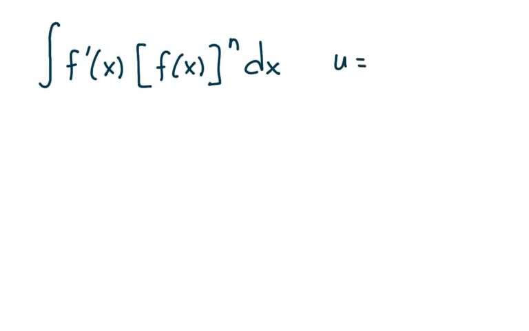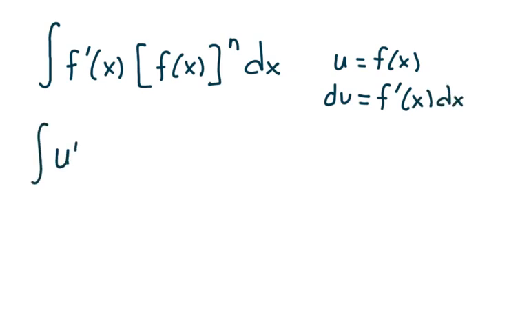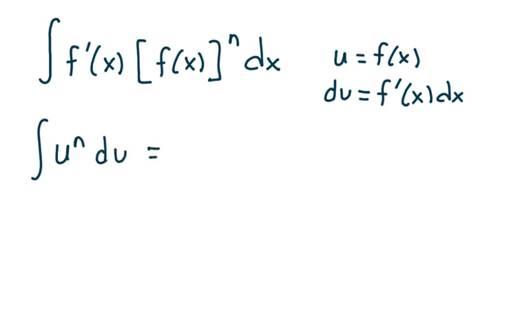The inside function, notice, is f of x, so I'm going to let that be u. Du is f prime of x dx. Okay? And so this is the integral of u to the n du, which is equal to 1 over n plus 1 u raised to the n plus 1 plus c. But this is only true as long as n doesn't equal negative 1.